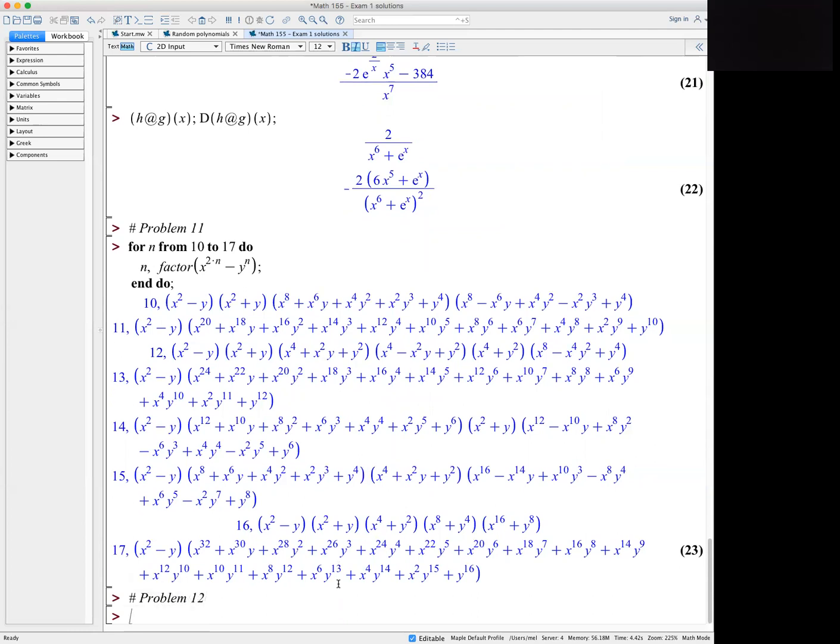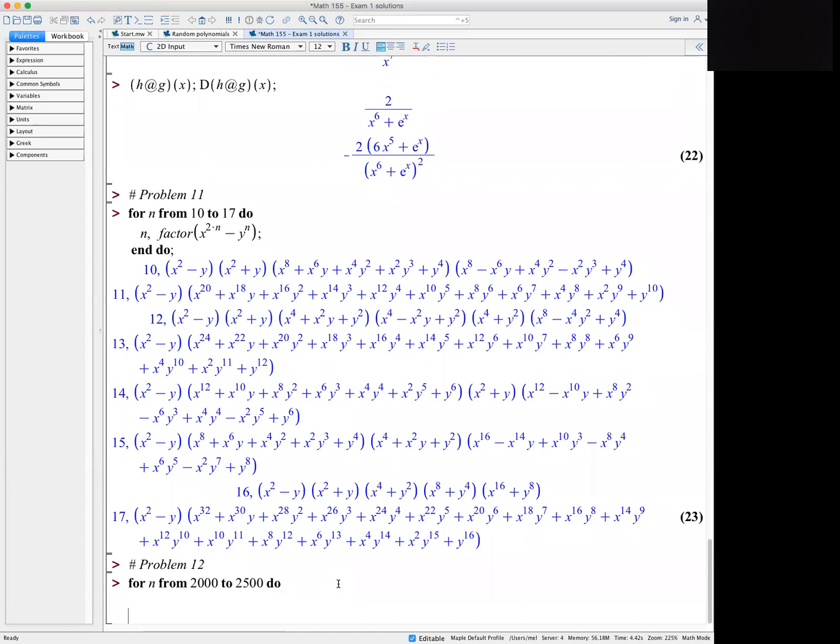Problem 12 is to find the prime numbers from 2000 to 2500. So we can say for n from 2000 to 2500 do, and then end do. And what do I want to do?